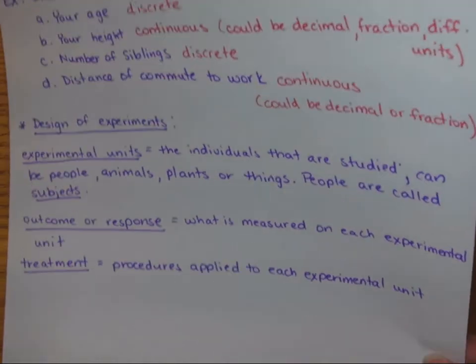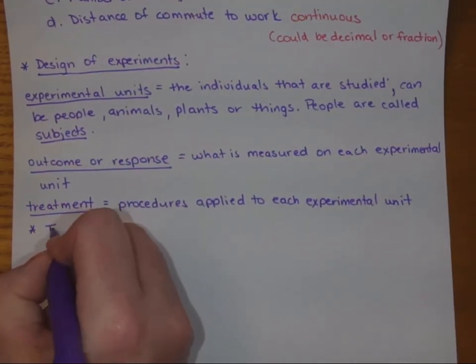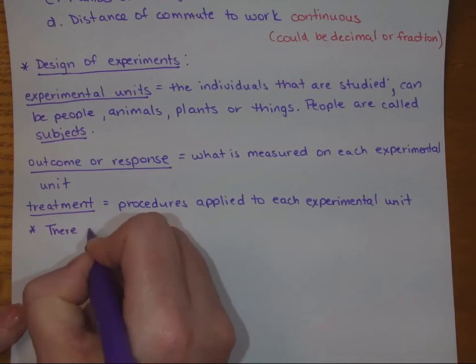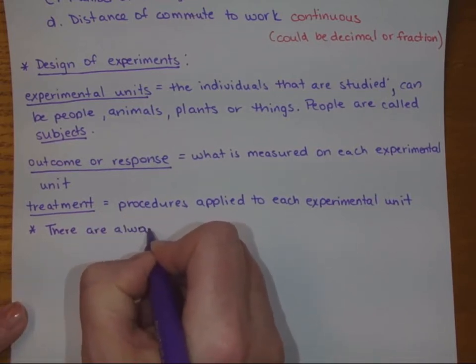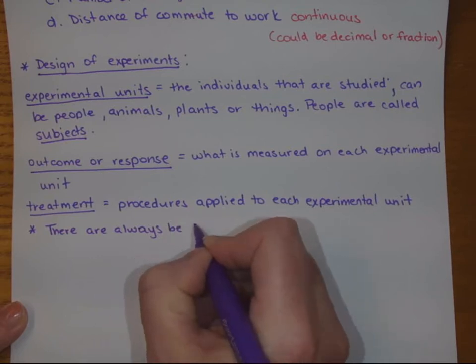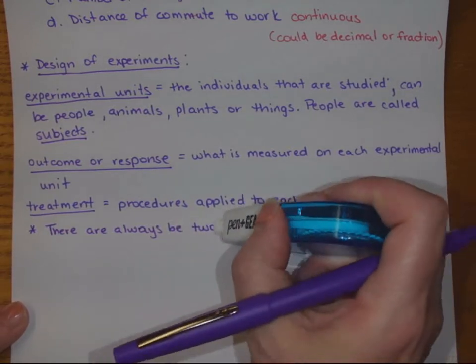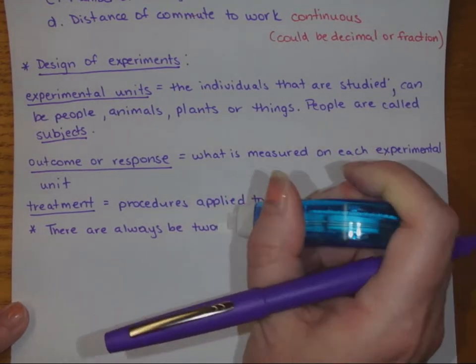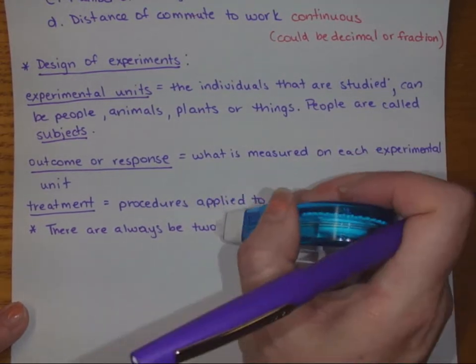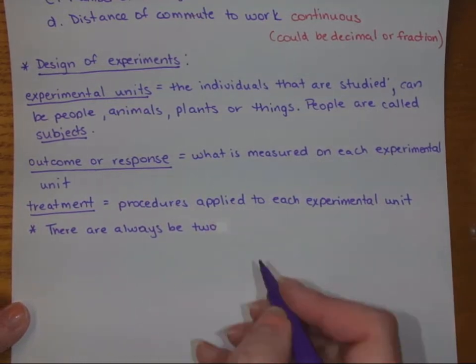Okay, that was supposed to help them or whatever. Know that in a well-defined experiment, there will always be 2 or more treatments. You don't treat everybody the same. If it's a medical experiment, you don't give them all the same medicine. Otherwise, what are you comparing them to?